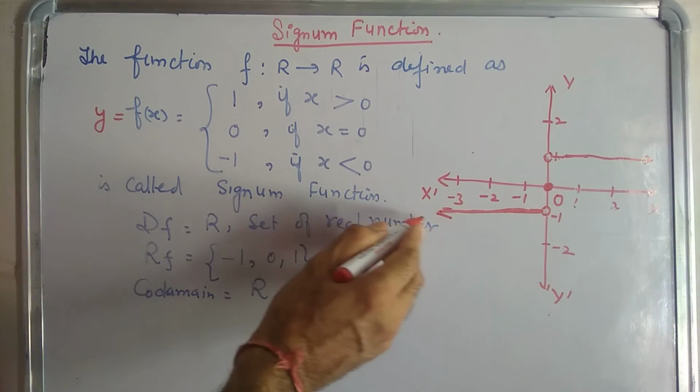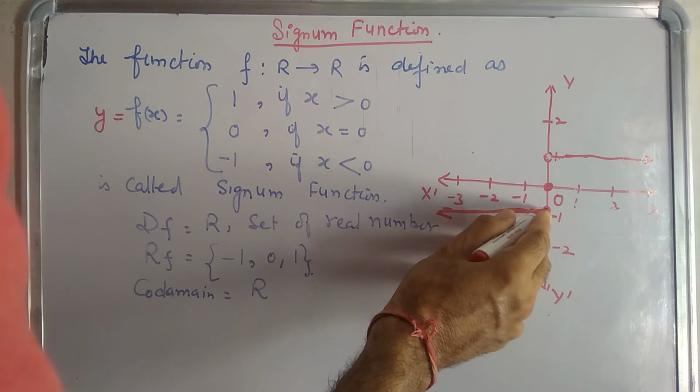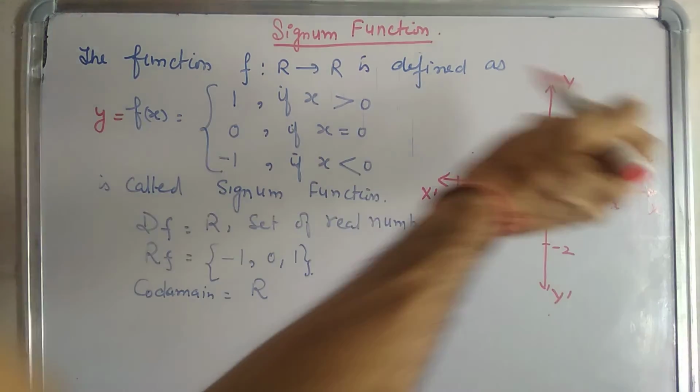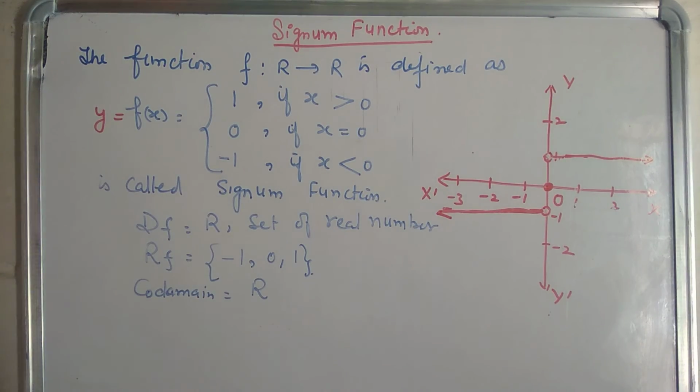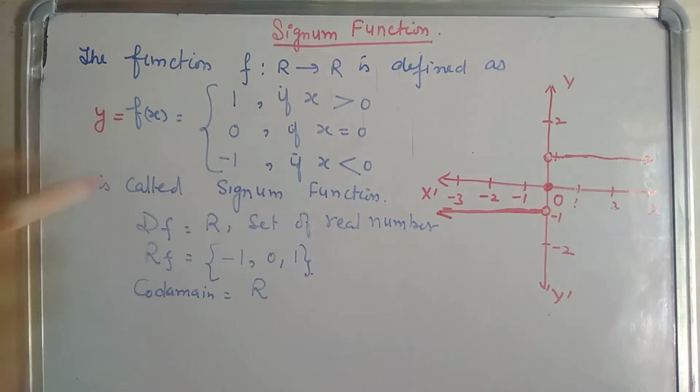So this graph is like this, then skips to this point, and this is a discontinuous graph. So the signum function is represented by this graph.